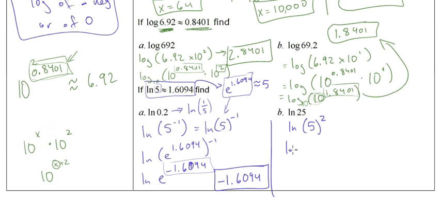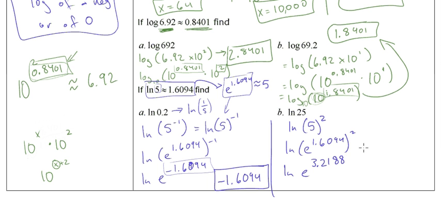So the natural log of, I'm going to substitute that in, e to the 1.6094 power squared. And if it's the exponent of an exponent, we can multiply those together. So the natural log of e to the, let's see, what is that multiplied by 2? 3.2188 power.